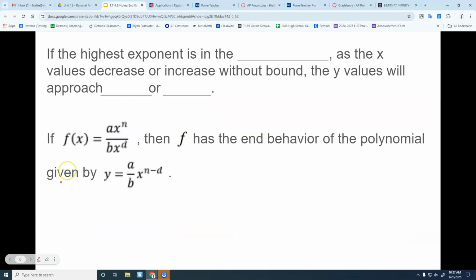Now let's look at our other one here. If the highest exponent is in the numerator, okay, as the x values increase or decrease without bound, the y values will approach either positive infinity or negative infinity.